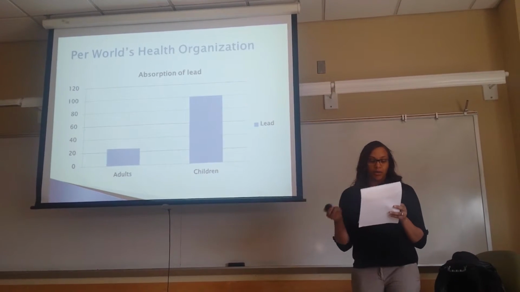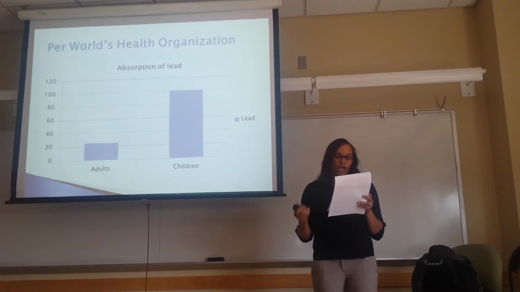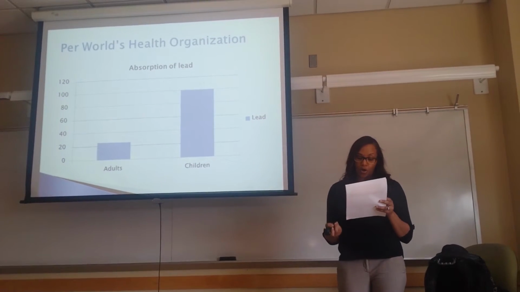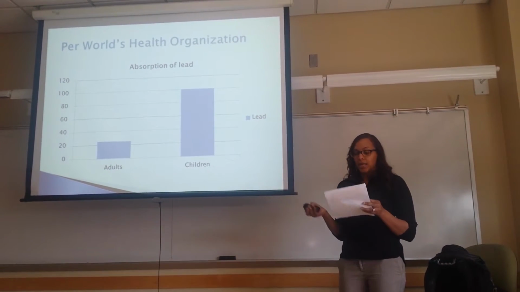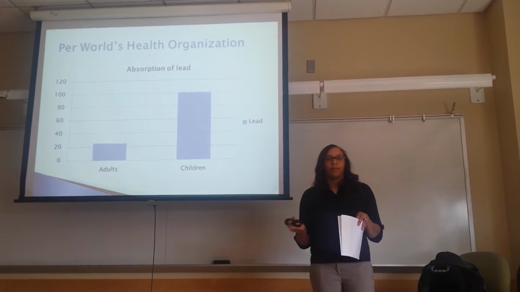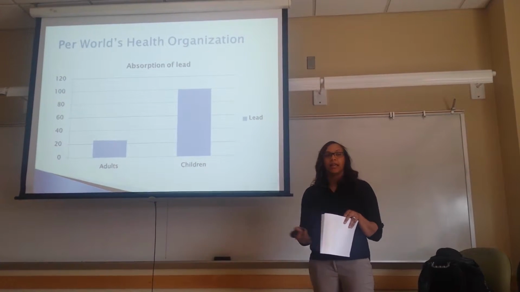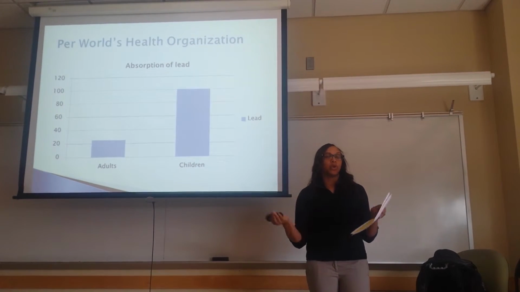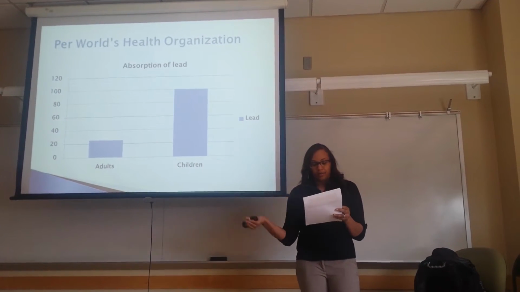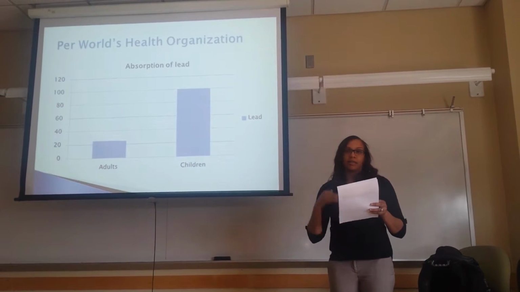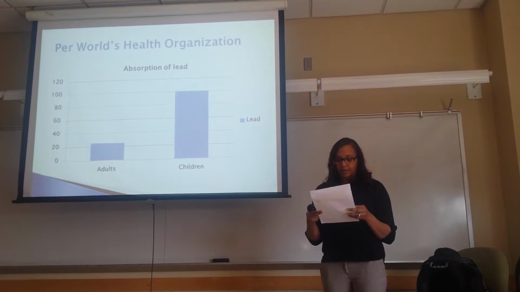Per the World Health Organization, children's bodies absorb 4 to 5 times more lead than adults. This is usually because children are deficient in minerals such as iron, zinc, and calcium. So it makes it easier for their bodies to absorb the lead and makes them sick and affects their learning abilities, their brains, and all types of other things within their bodies.